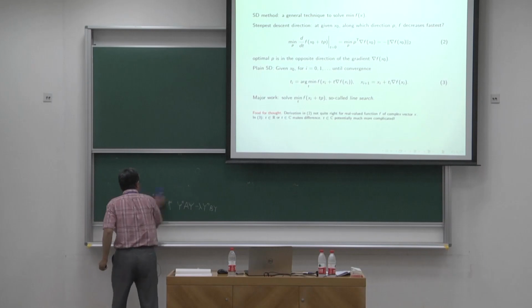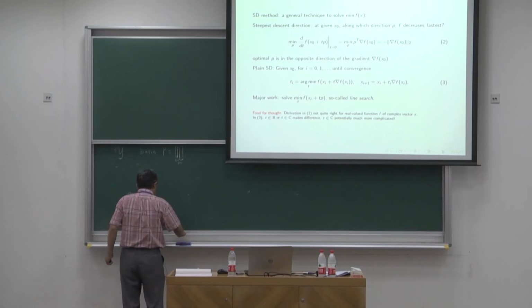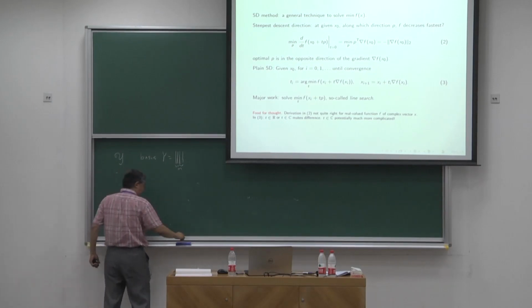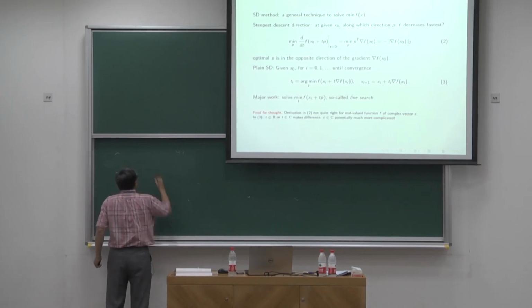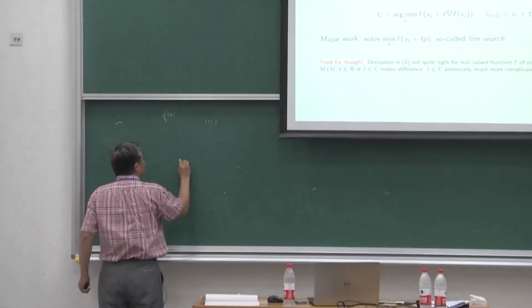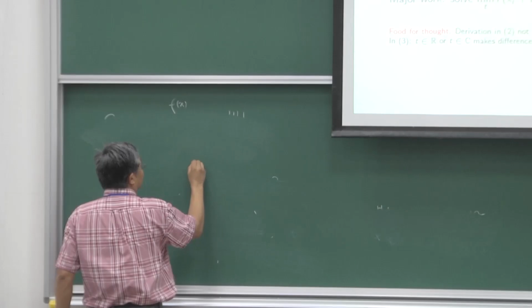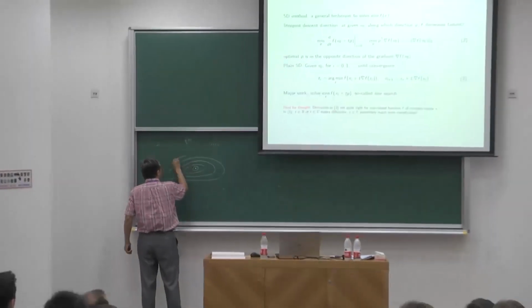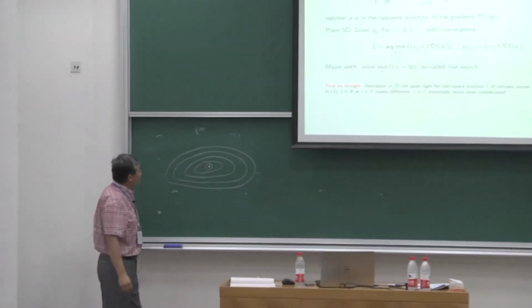So you can draw a picture. What does this mean? It's basically through the contour. So you have a function f(x). Suppose that you have an optimal point, the function's minimum. Then you can draw a contour plot. I drew a very nice contour, it's not too flat.